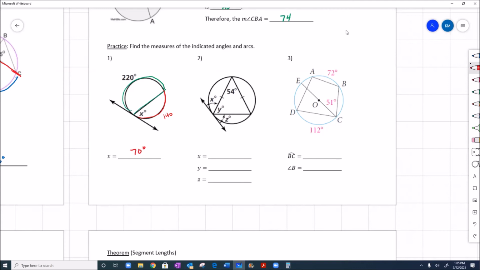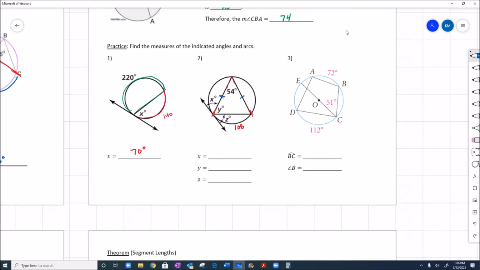All right, number 2. We're given some values here. This is 54. Since it's an inscribed angle and it intercepts this arc, the arc should be double 54, which is 108. As I'm looking at my inside angles, I should see that this is an isosceles triangle.